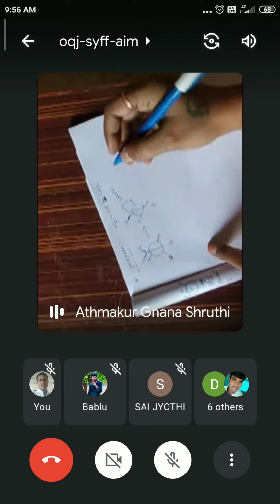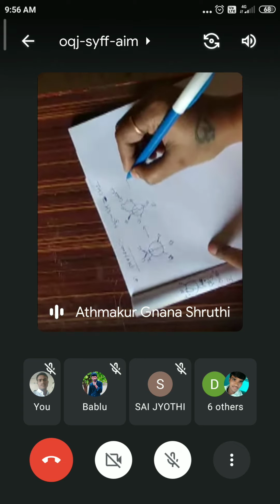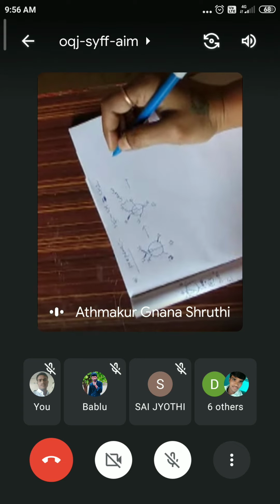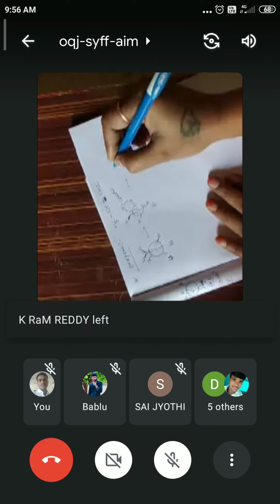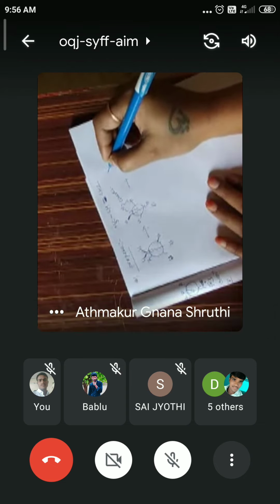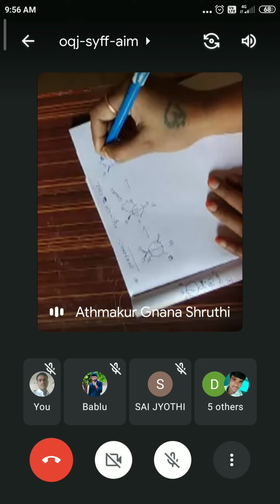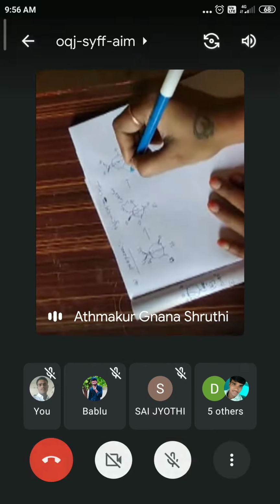And the next structure, when the hydrogen comes here, that is 120 degrees rotation. Hydrogen, and here is the hydrogen. So this hydrogen is up to 120 degrees rotation. Next hydrogen.